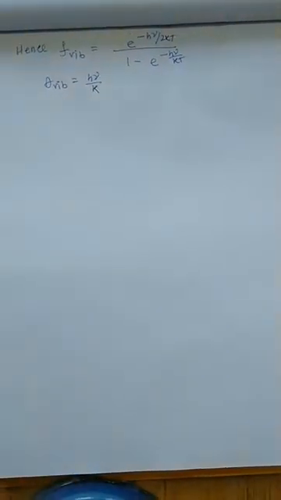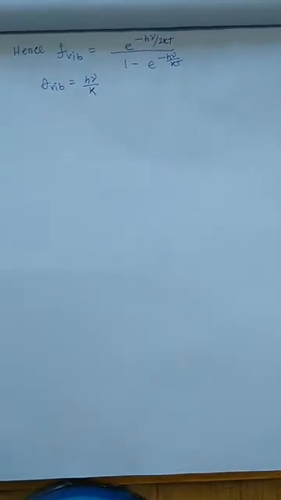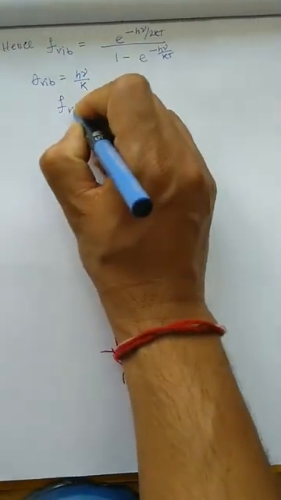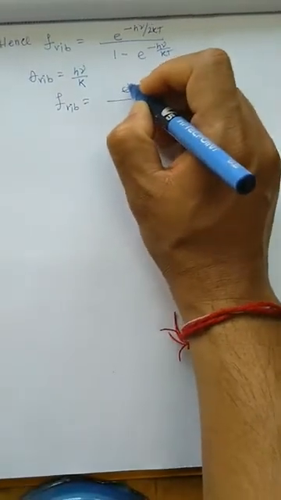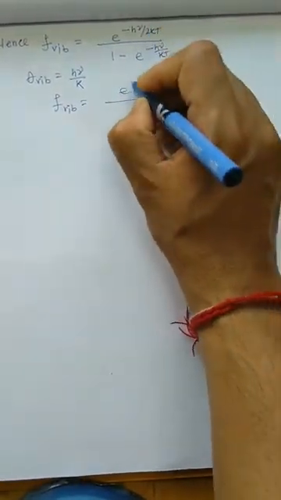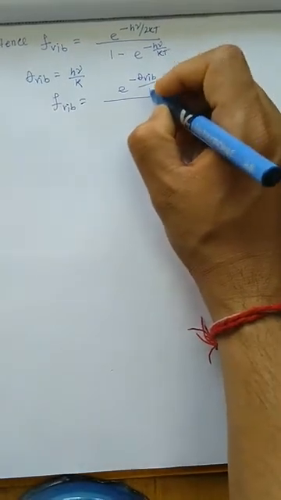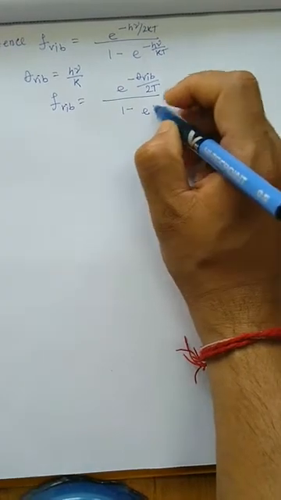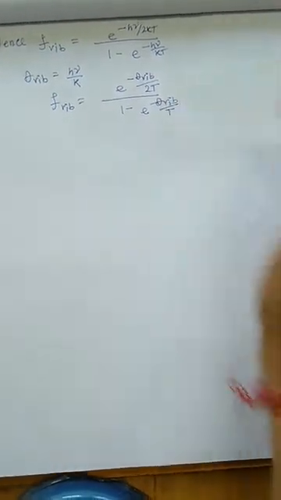So the vibrational partition function in terms of theta vibrational becomes f vibrational equal to e to the power minus theta vib by 2T divided by 1 minus e to the power minus theta vib by T.